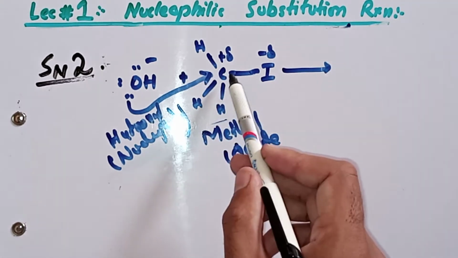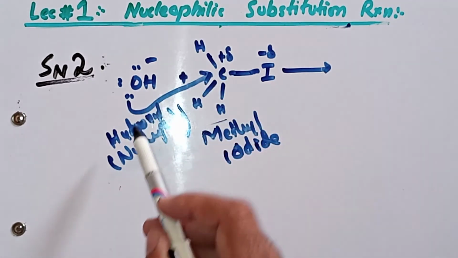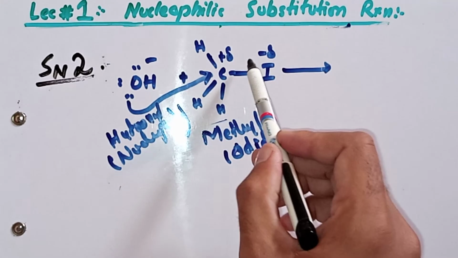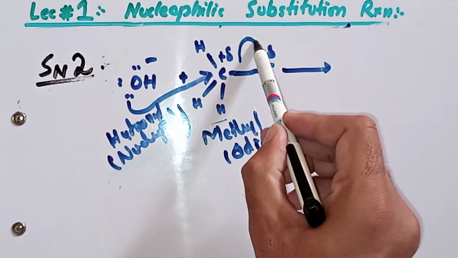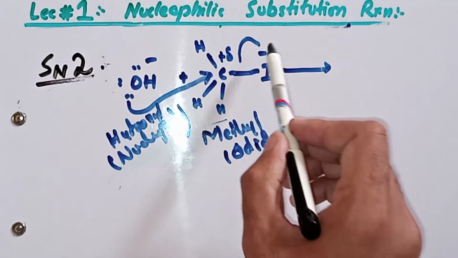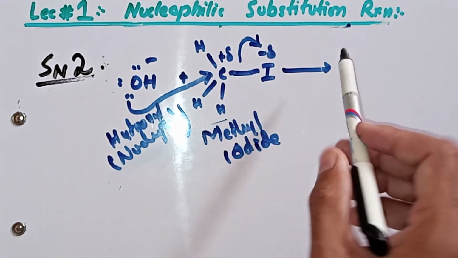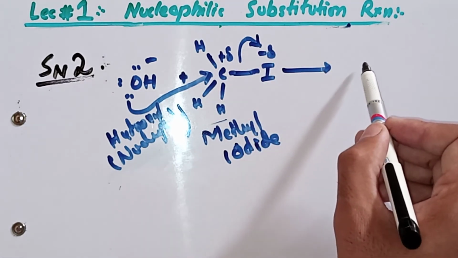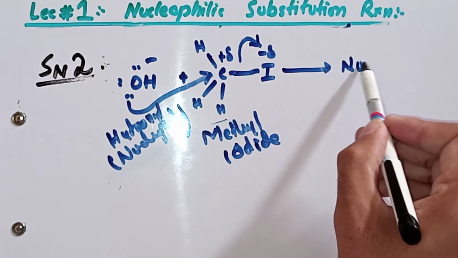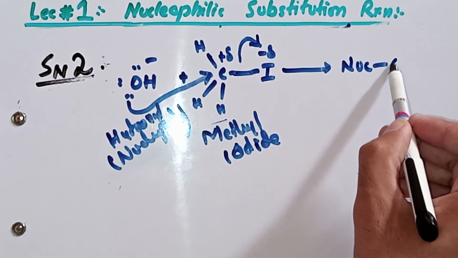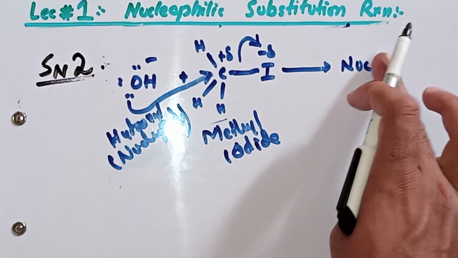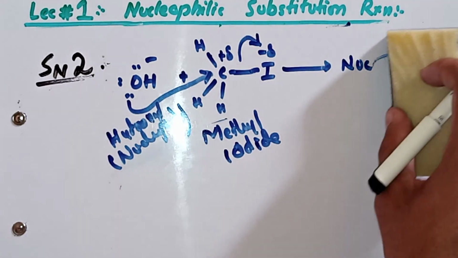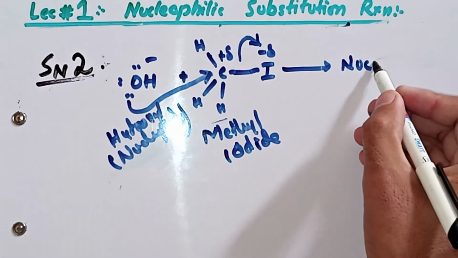As the nucleophile attacks this carbon, the bond between carbon and iodine will begin to break and a transition state will be produced. The nucleophile attacking the carbon will be represented by a dotted line, like that.